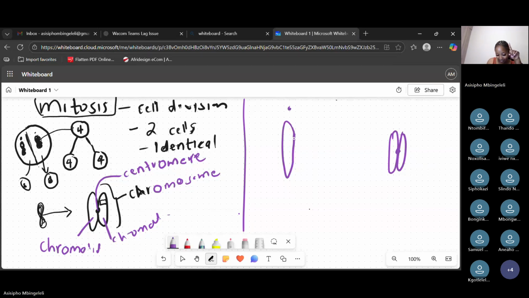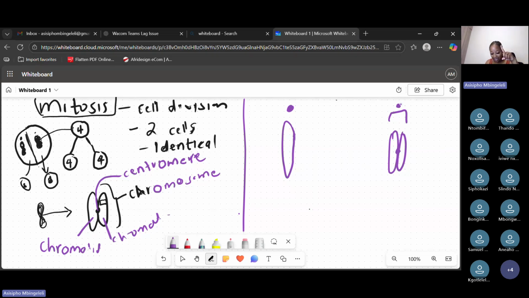This one, we call it a chromosome. This one over here is also called a chromosome. Now the question would be, how are we giving it the same name while they look different? Please make notes everywhere. Whenever it comes to these diagrams, they can be confusing, but if we get them now, we should be fine. This is a chromosome and this is another chromosome.